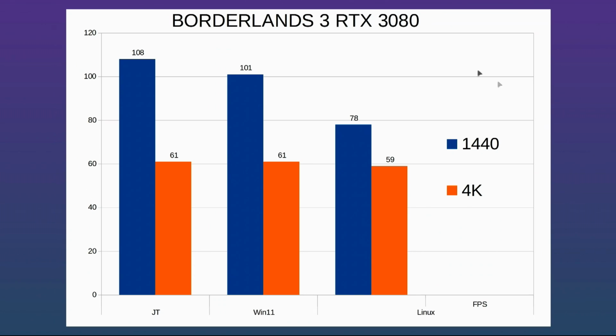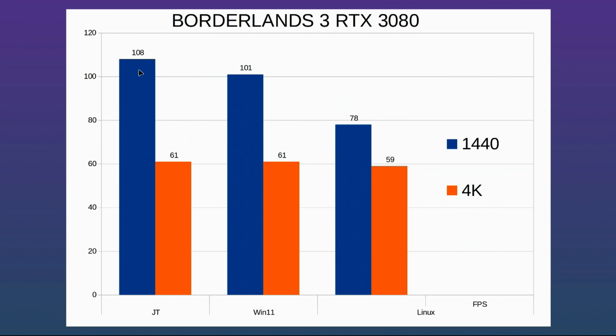Then with Borderlands 3, I happened to get a 3080 right after I'd done all of my tests. So I just did this with Borderlands 3, and I only did it in 2K and 4K. And Jarrod's Tech actually compared the 3080 as well using Borderlands 3. He got 108 using the built-in bench, the highest setting, which is their bad setting.